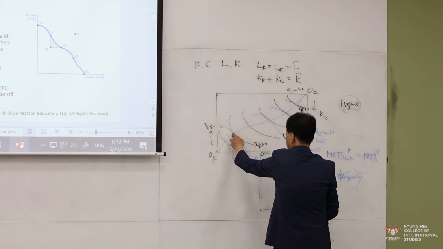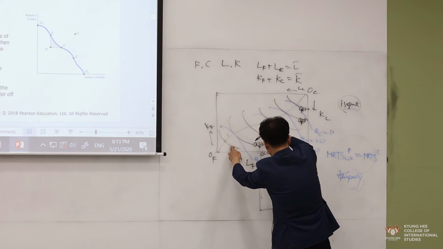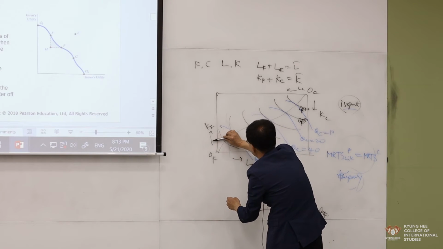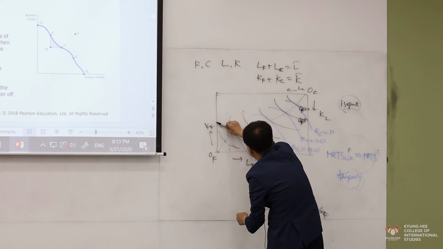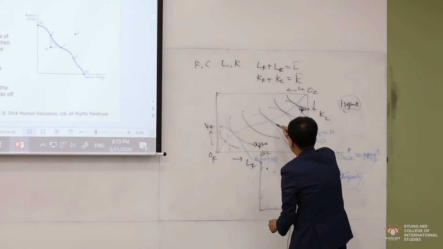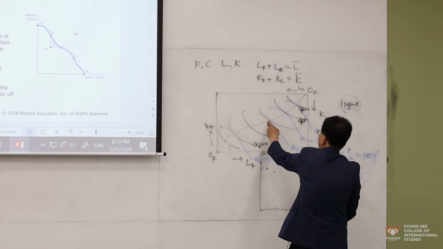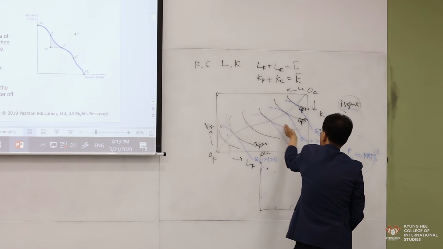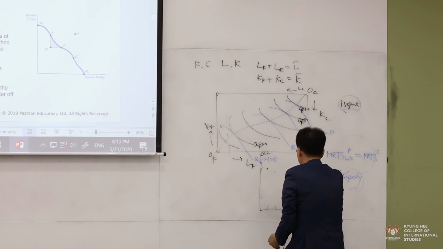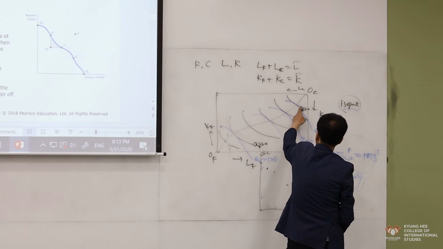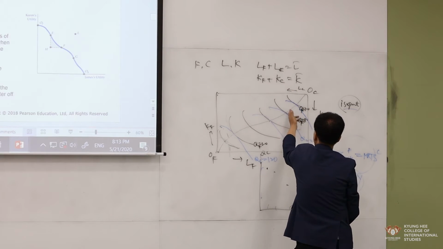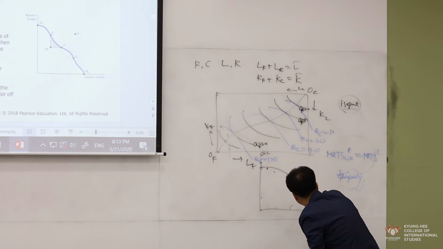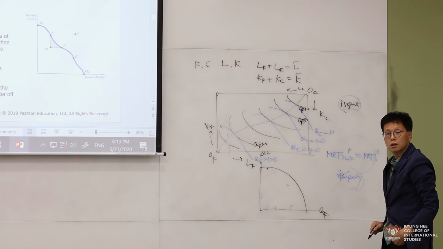So at this point, food production increased from 10 to 20, and clothing production decreased from 120 to 100, like this. At this point, clothing production is 70, right? Food production is 70, clothing production is 40, like this. At this point, food production is 100, clothing production is 10. If we connect this, we can get this kind of production possibility frontier, right?